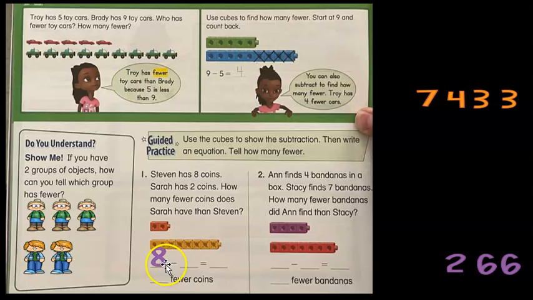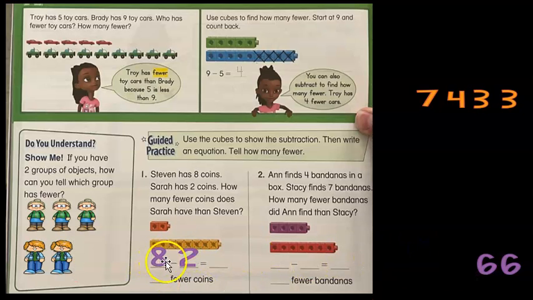Now look, 8 minus, and then what number goes here, boys and girls? What number? 2. Because look, Sarah has 2 coins. Look, the next number, which is right here, 1, 2, has to go here. So watch. Mr. Begay is going to bring that 2. I'm going to put it right there.